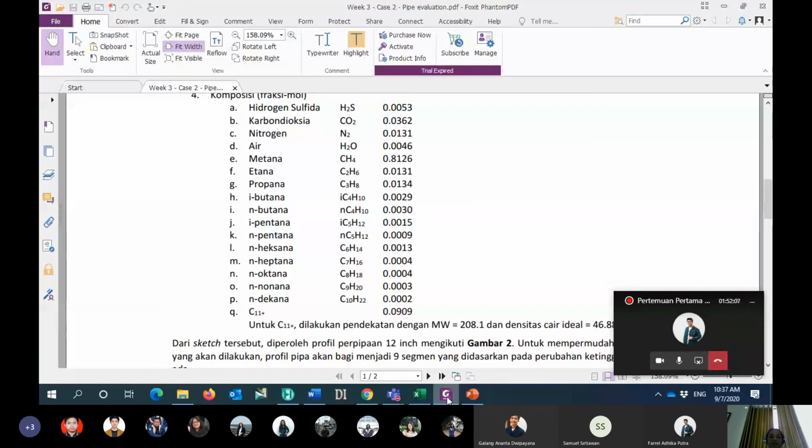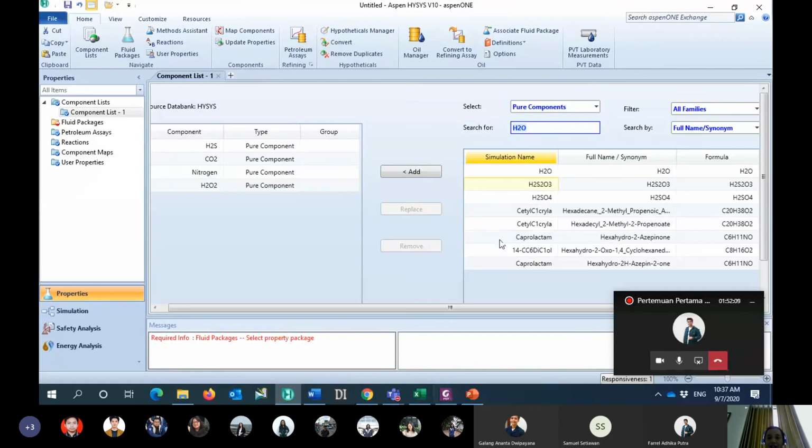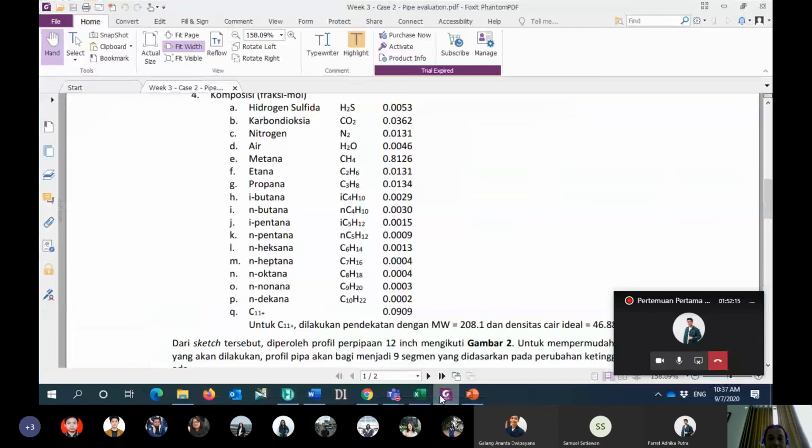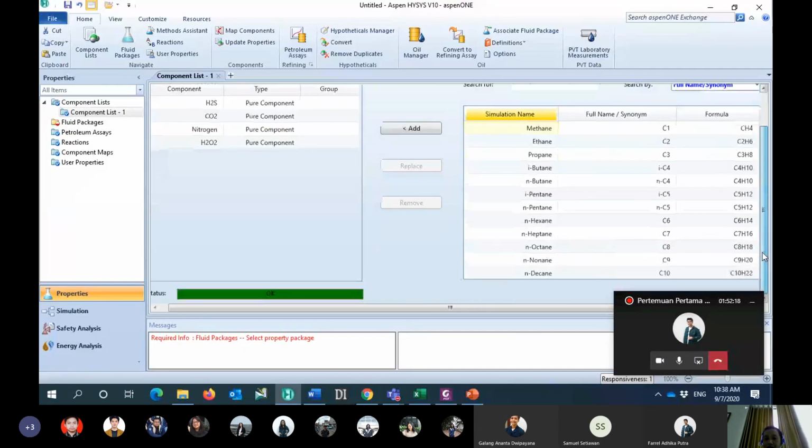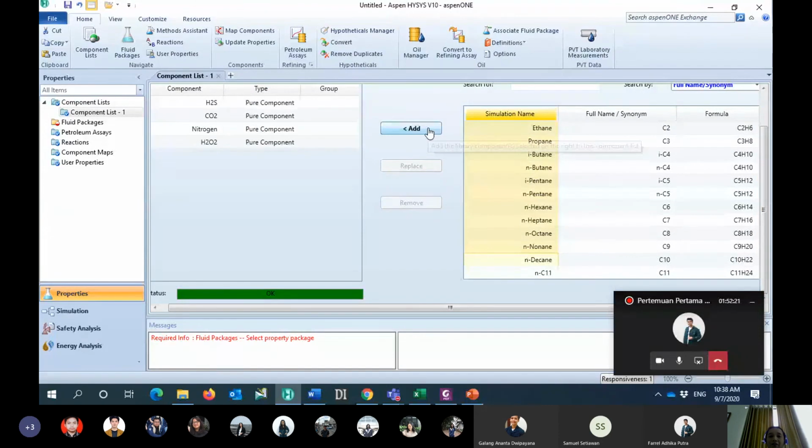And then this one is the C1 until C10, yeah, C1 until C10. Okay, I will add. Okay, it's already C1 till C10, and then the N is the, oh, okay.